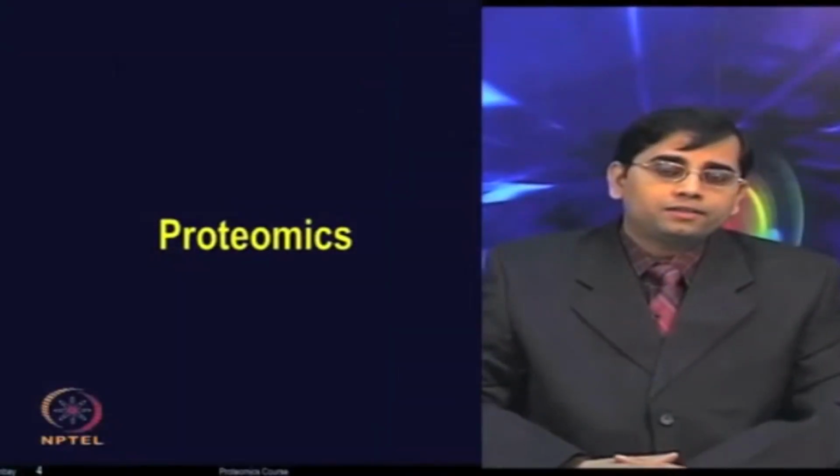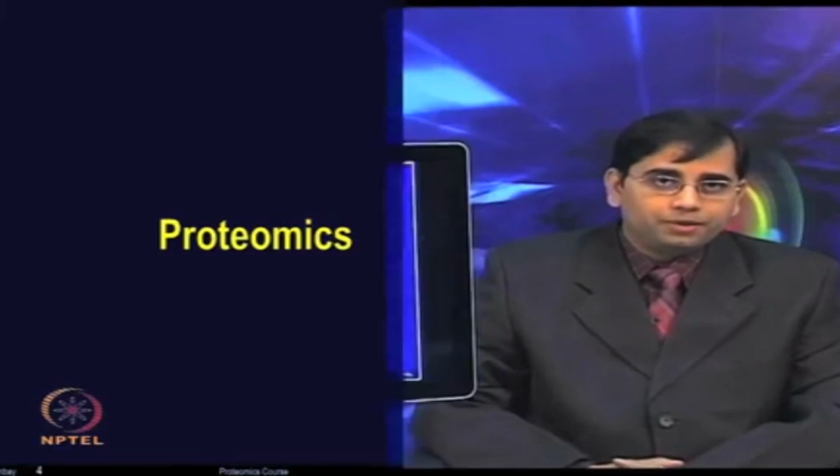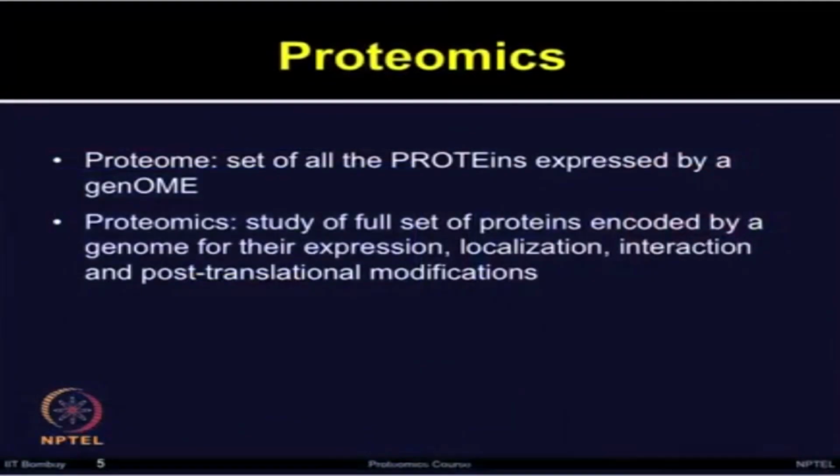So, let us first start with proteomics. If you remember from the previous lecture, the proteome is the set of all the proteins which are expressed by a genome. Proteomics is the study of proteins and their properties to provide an integrated view of cellular processes. What are these different properties?